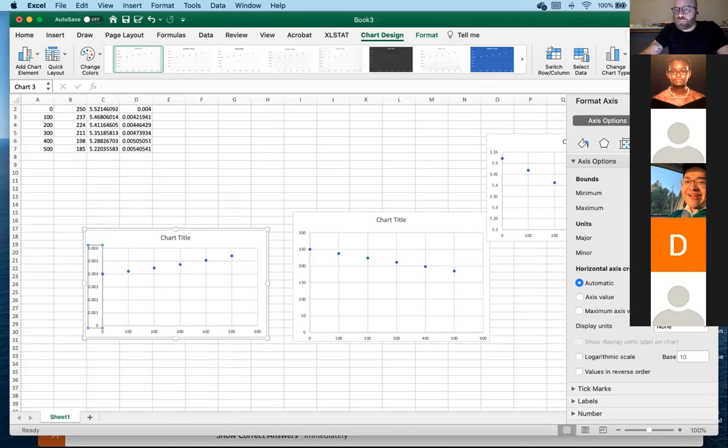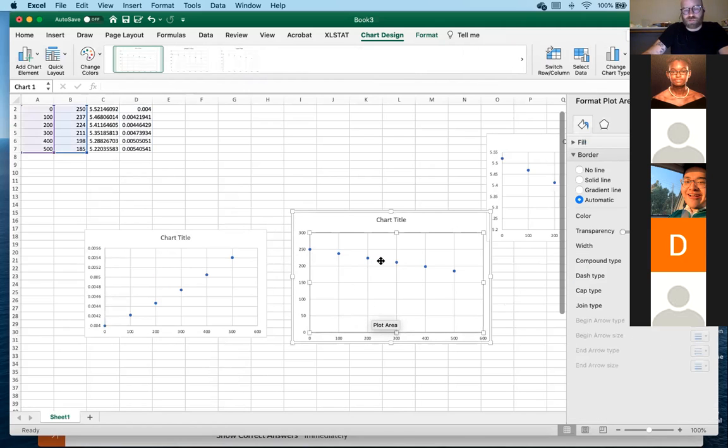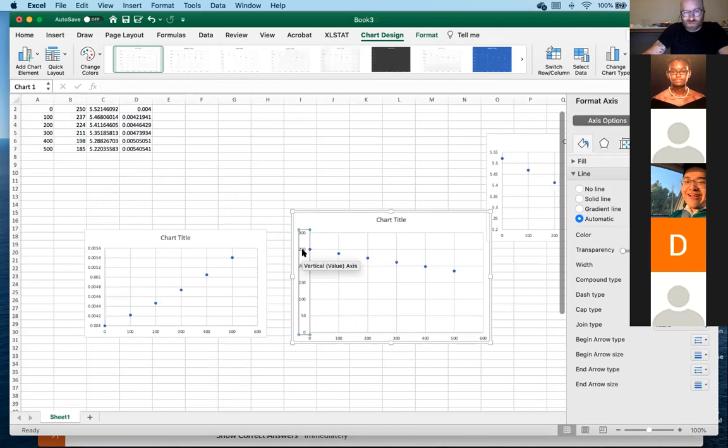Ah, there we go. Minimum 0. It's hard still to see. I'm not sure what the expectation is in terms of being able to do this by hand in a plot.